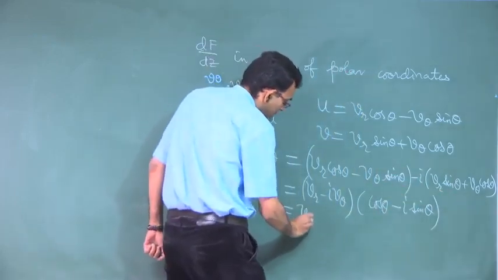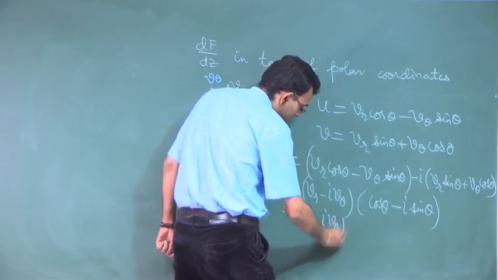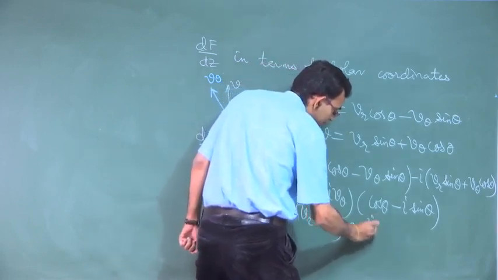So, this is Vr minus i V theta into e to the power minus i theta.